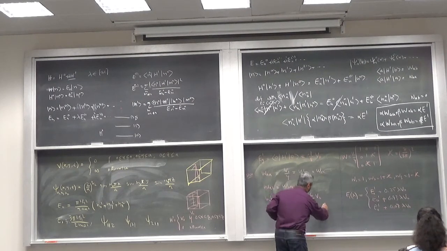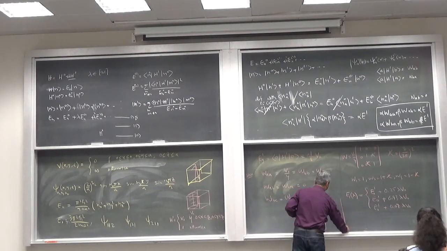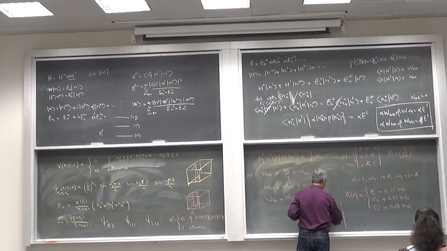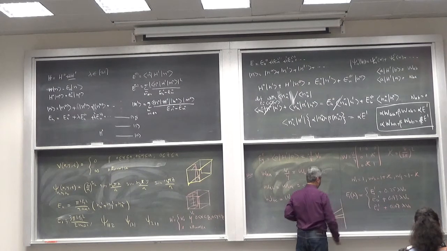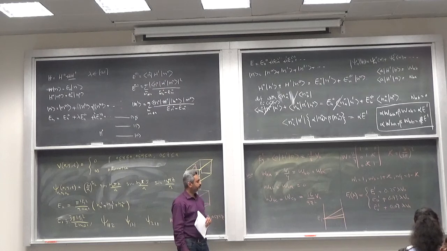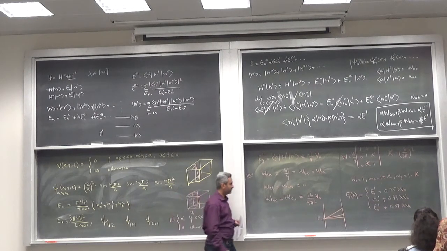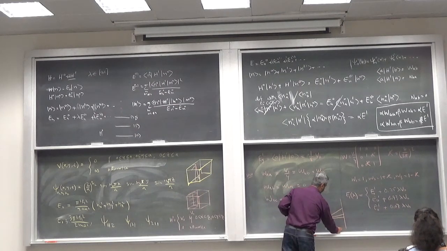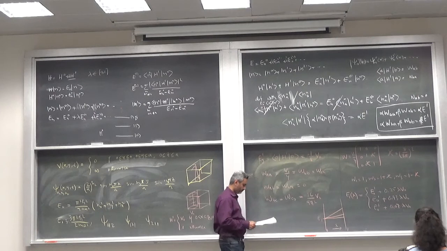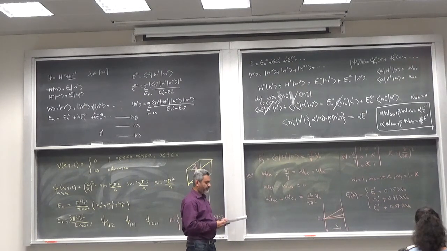And if you make this diagram, this was E1, which was degenerate, and now it splits like this. So this here is lambda, 0, 1. Questions?